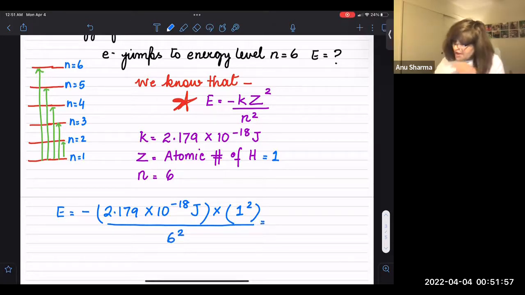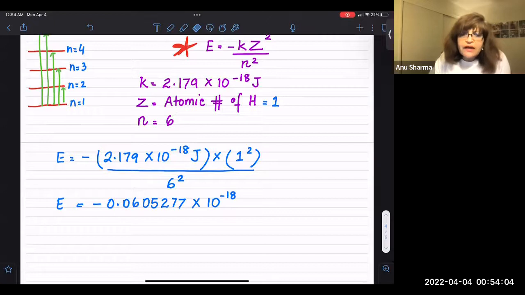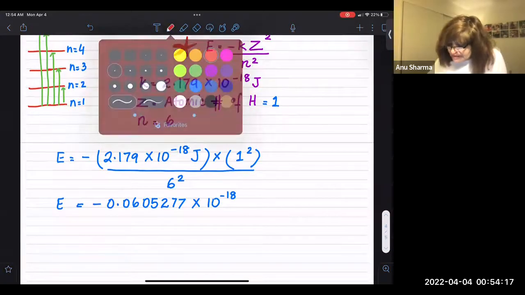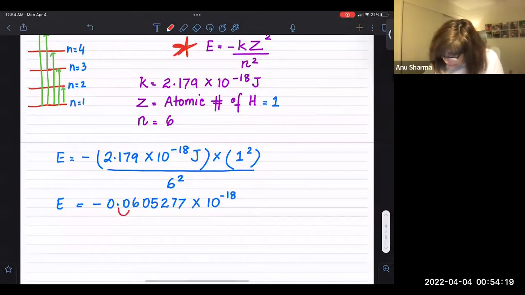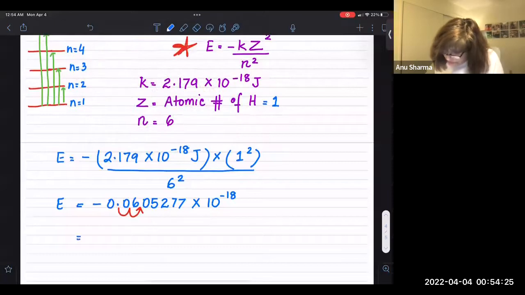So basically, when we do the calculations, this is what we get. When you multiply 2.179 with 1 and then divide that by 36, you get 0.0605277 into 10 to the power negative 18. But converting this to scientific notation, we are going to move this decimal 2 places to the right, and the exponent is going to be decreased by 2.